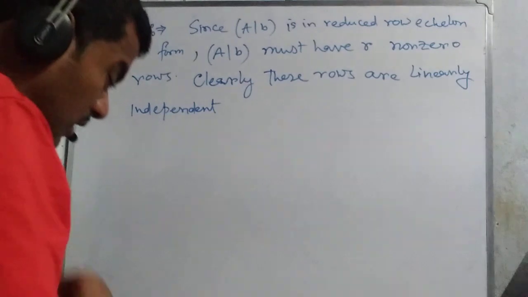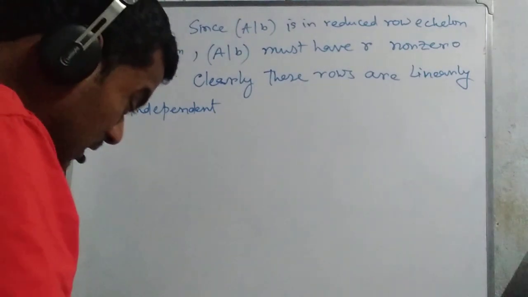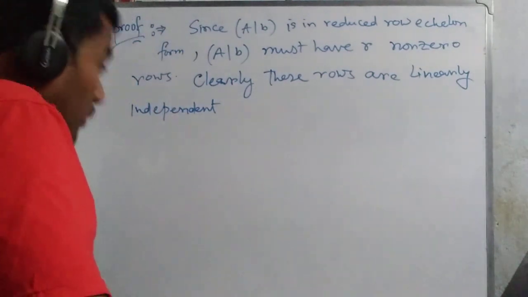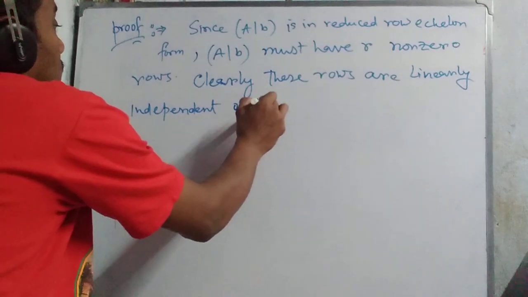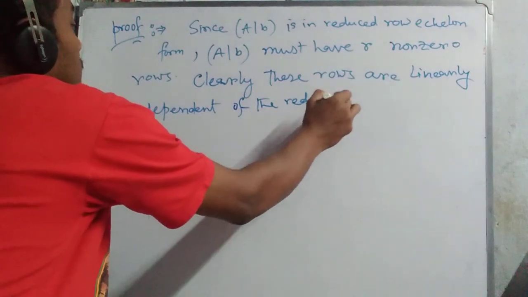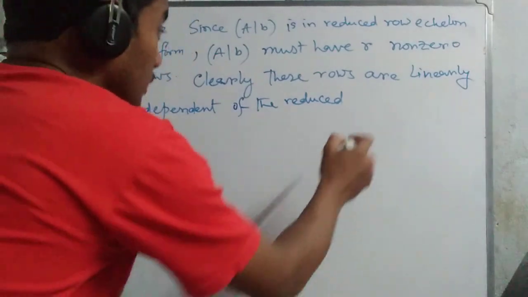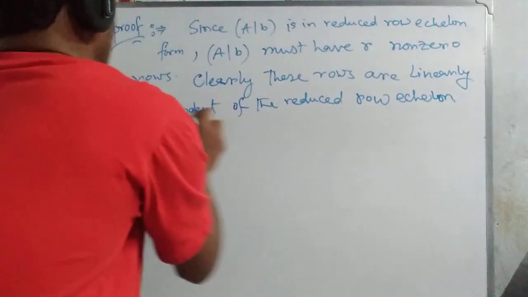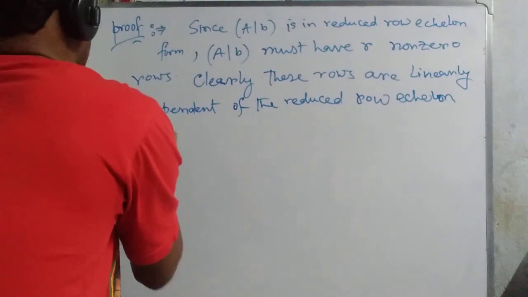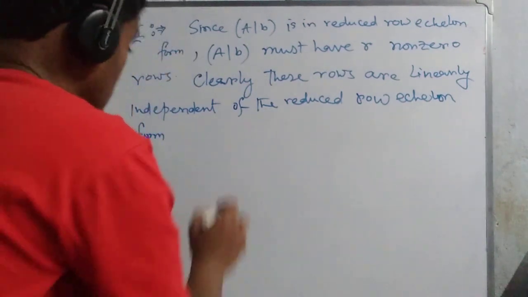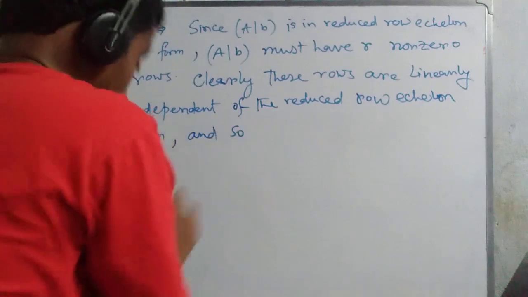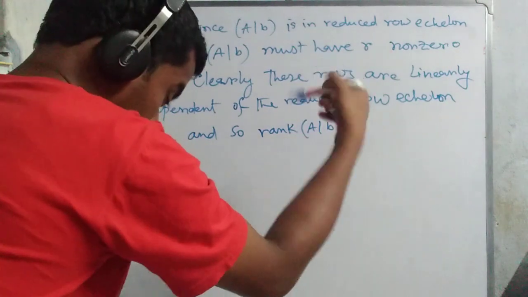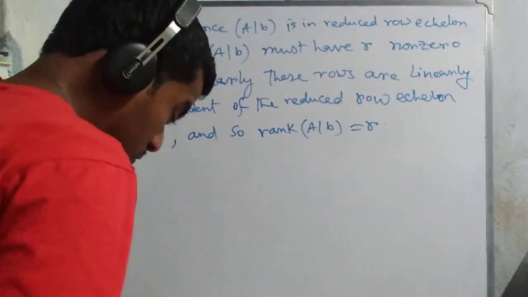Okay, then what happened? Independent of the reduced row equivalent form, and so rank of A augmented B equal to R. Understood?